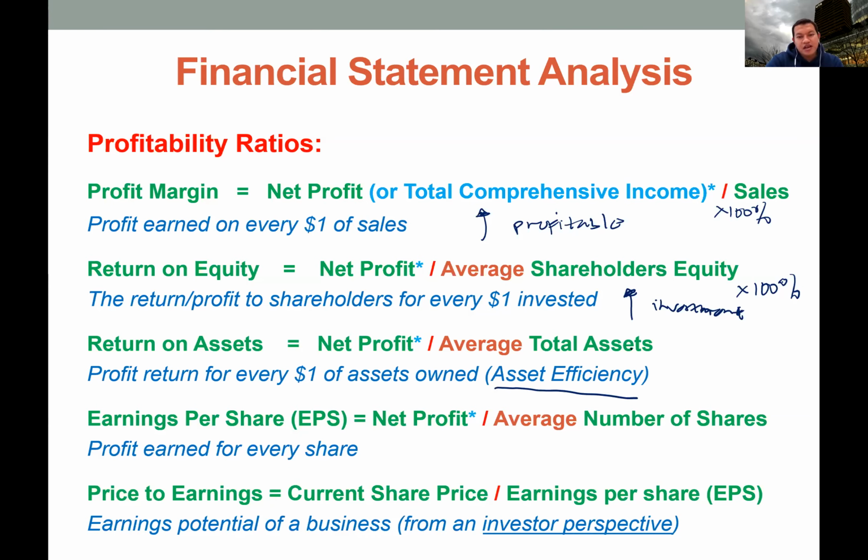If they have higher asset efficiency, then they have more profit. So we should expect that this ratio should be high for a good company.